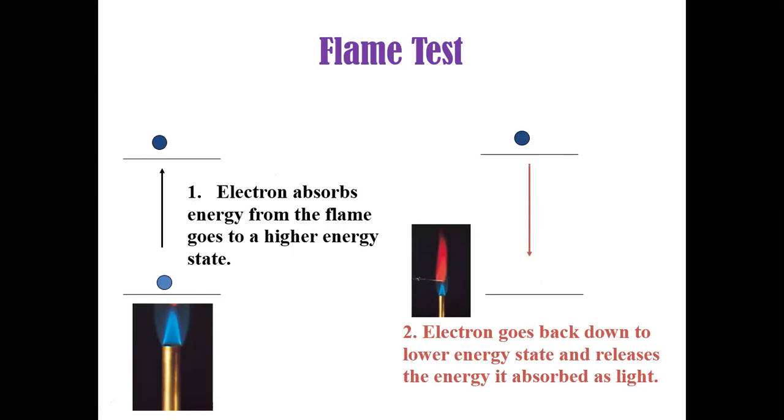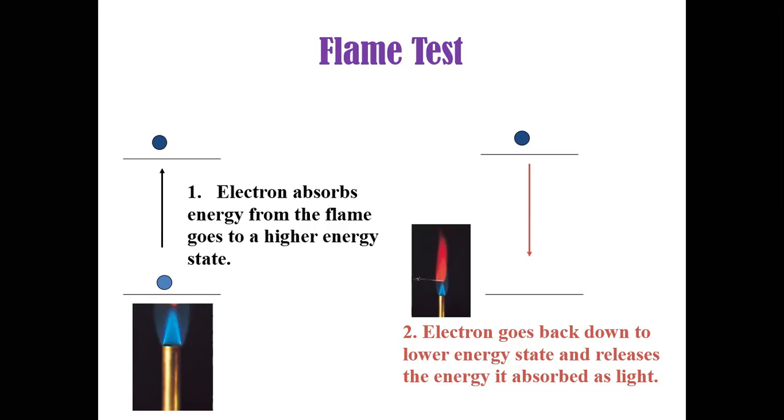Now, the energy will be in the form of electromagnetic radiation. The energy released by this electron will be in the form of electromagnetic radiation, and that electromagnetic radiation will have some wavelength, and depending on the wavelength, we get the color.